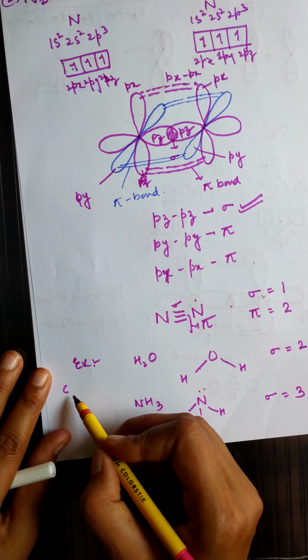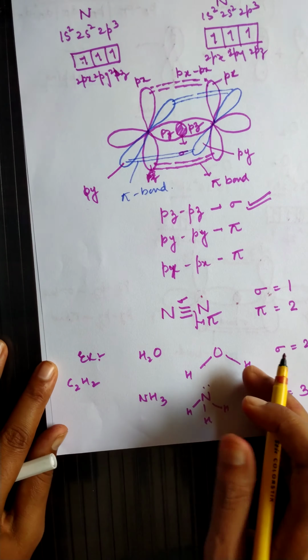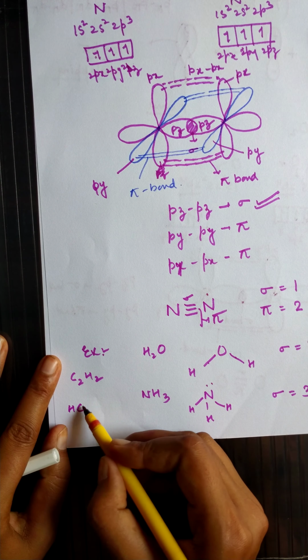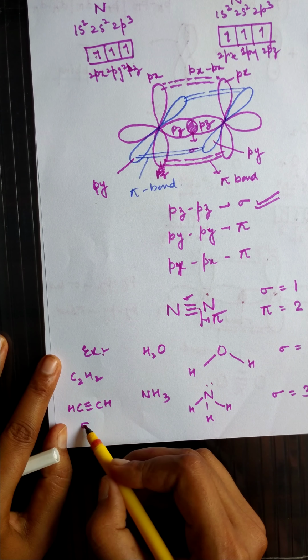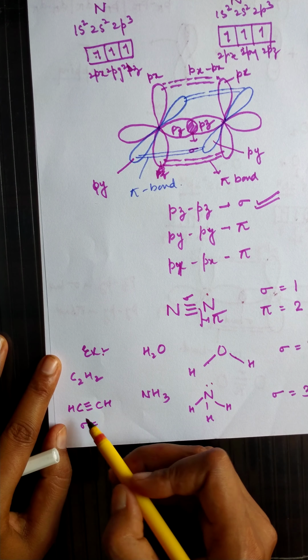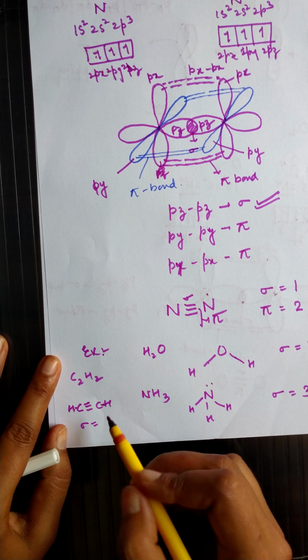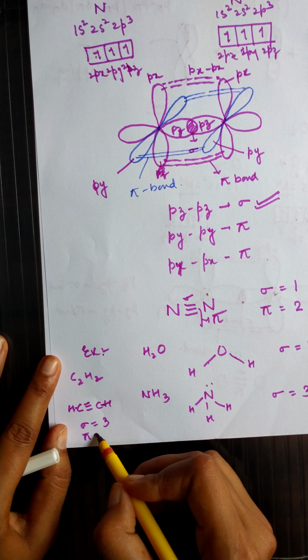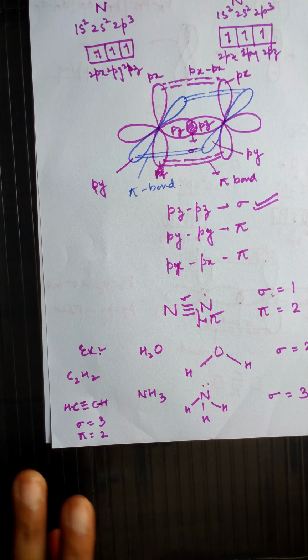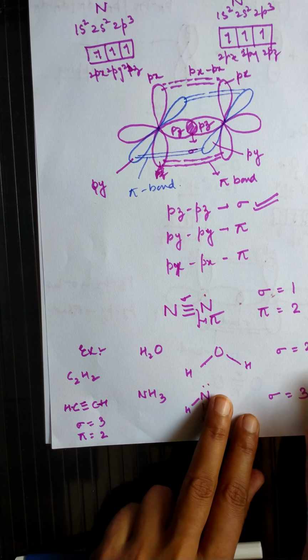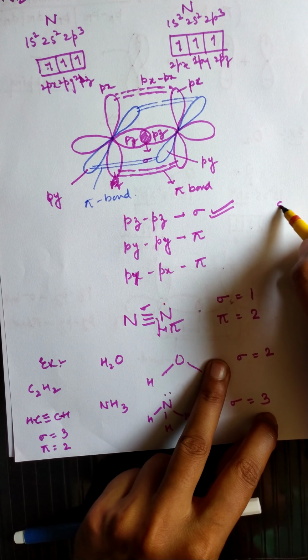Like you have the structure of ethyne, C2H2, that is CH triple bond CH. So how many sigma bonds are there? 2 sigma bonds with the hydrogen, 1 is here, so 3 sigma bonds and 2 pi bonds are there. You can calculate any of the sigma or pi bonds. Let's take the example of SO3.